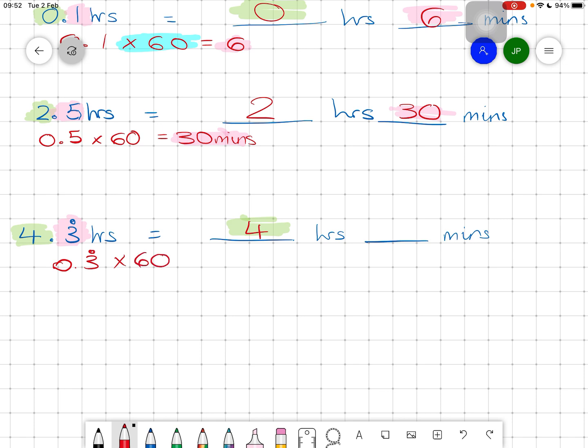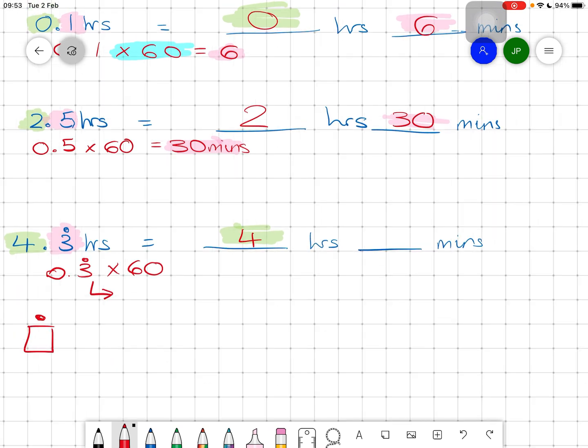Now if you are using your calculators, guys, if you've got a scientific calculator, some of them have got the recurring dots on, okay, on your calculator it will be a box with a little dot above it. If you haven't, the best way to get around this in your calculator, I want to make sure you don't just type 0.3 times 60, that will not give you the right answer.